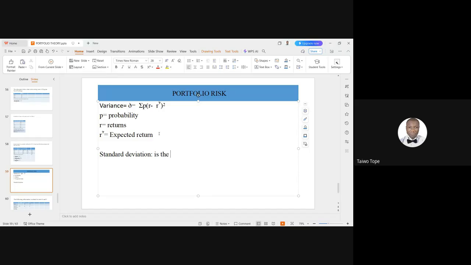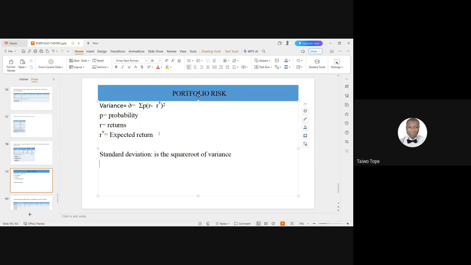You know, there's a difference between square and square root. Standard deviation is the square root of what? Of variance.